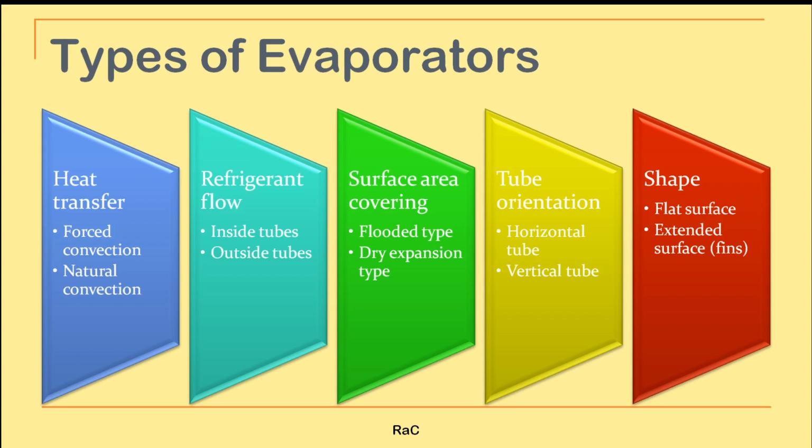So these are the various types of evaporators classified based on heat transfer, flow of refrigerant, the covering of the surface area where the refrigerant is flowing actually, the orientation of the tube as well as the shape of the evaporator tubes. So based on heat transfer, it can be classified as forced convection and natural convection type of evaporators.